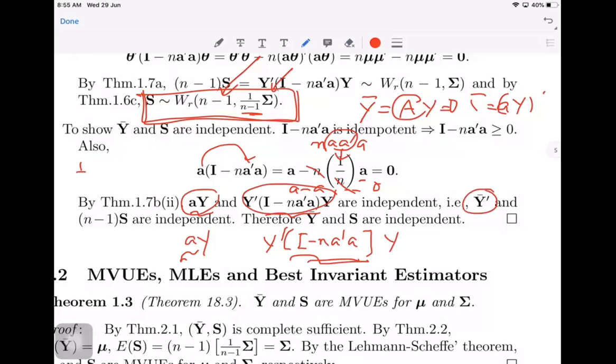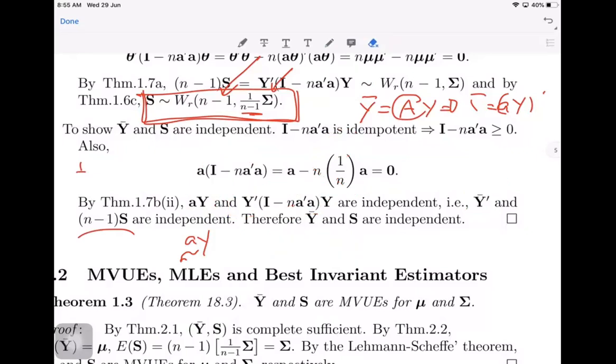And since AY can be written in terms of Y bar, and this is actually your n minus 1 S, then it follows that they are also independent, so that Y bar and S will be independent. Okay? Any questions?